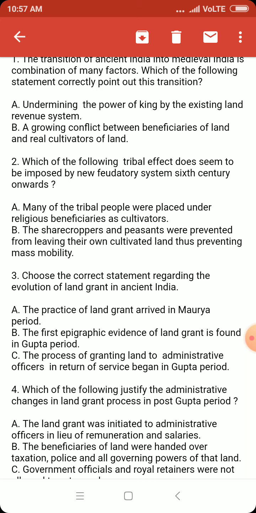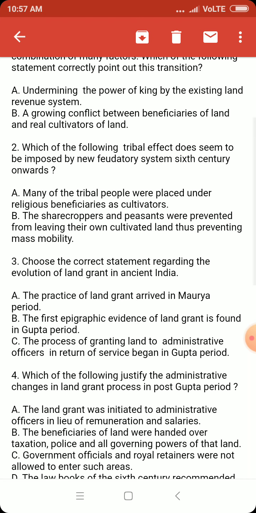Gradually the king transferred the police power and free tax to the land beneficiary. As a result of this, the land beneficiary began to control. In this way, decentralization began in the administrative process, and gradually, with the passage of time, the king was going to lose his power. So, option A is correct.